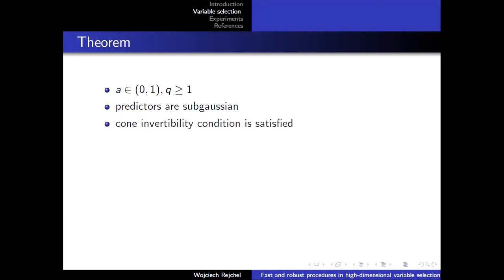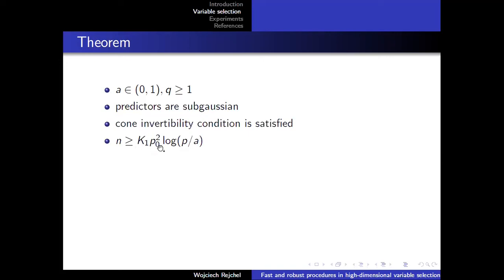You assume as well that the cone invertibility condition is satisfied. This is also a standard condition, which is about the correlation between predictors, I would say. Maybe I will skip the details about that. You also need that your sample size is large enough, which is given here. K1 is some number.